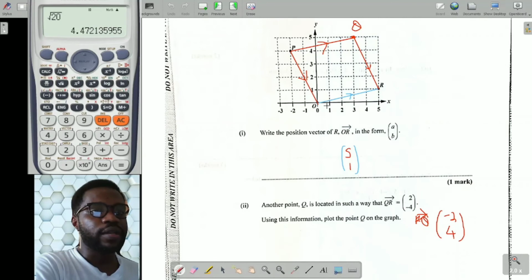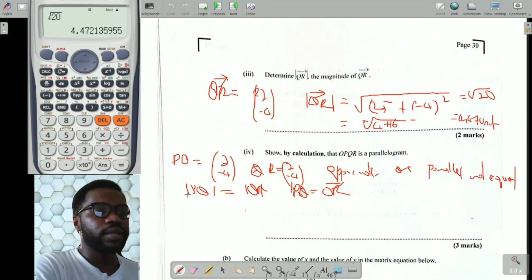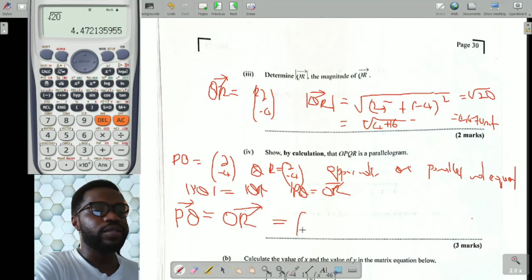If we go OR, 1, 2, 3, 4, 5, 5, 1. So let's go back. PQ equal to OR, which is equal to 5, 1. There's no need to worry about the modulus because we already know that the vectors are the same based on how we write them.